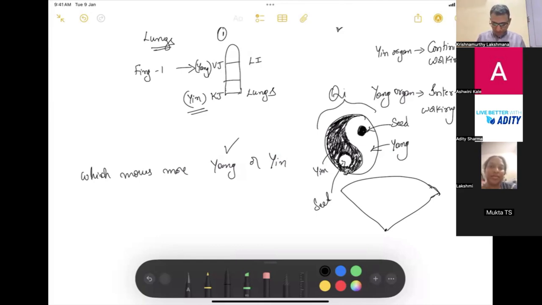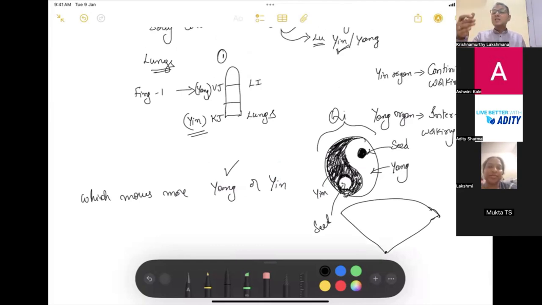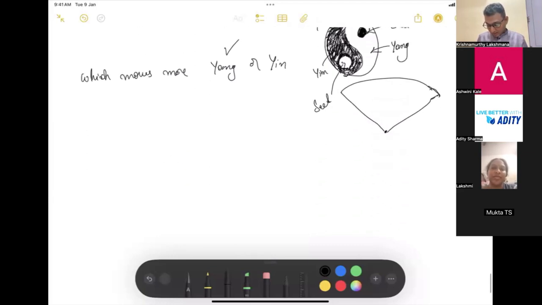Clear? So lungs is yin and large intestine is yang. We have allocated large intestine to Vata because Vata is more yang. See, this will move like this much.